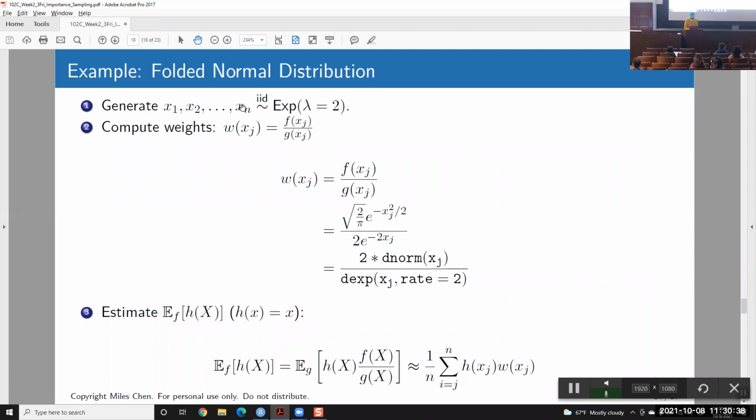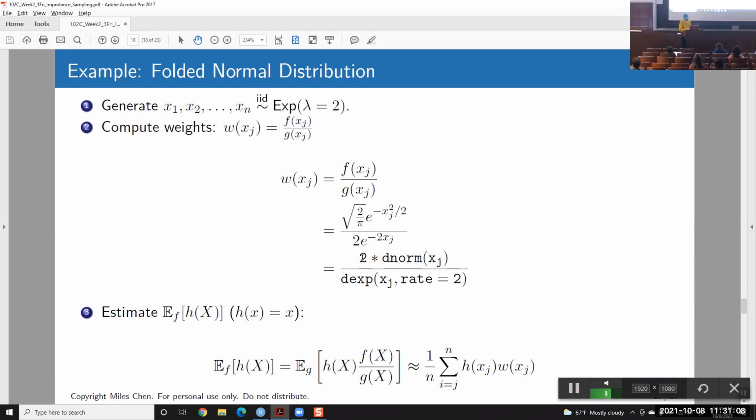So we generate a bunch of values from the exponential distribution, and what we have to do is compute these weights, f over g, okay? So the weight for each value that we get is going to be the PDF of the normal distribution times 2, divided by the PDF of the exponential distribution with rate equal to 2.